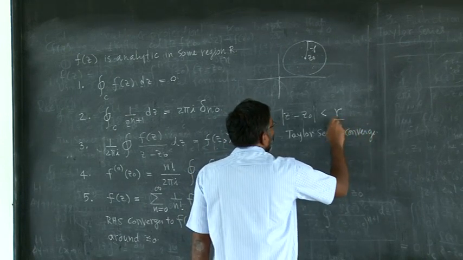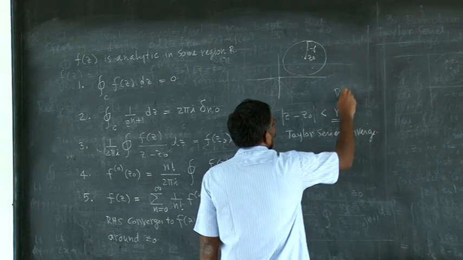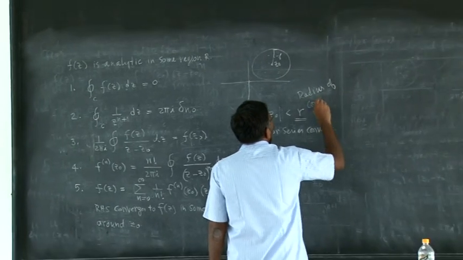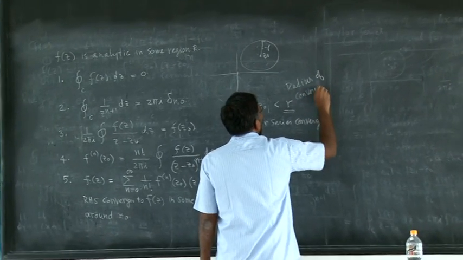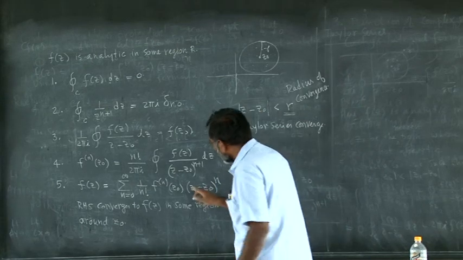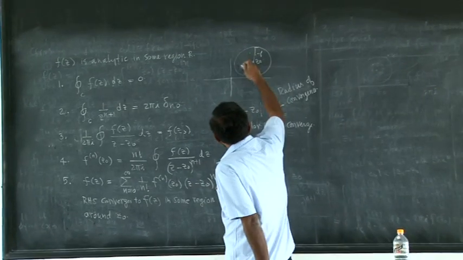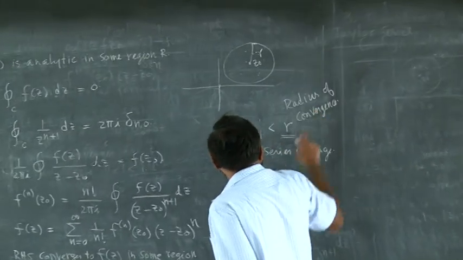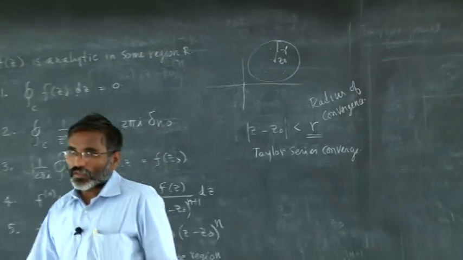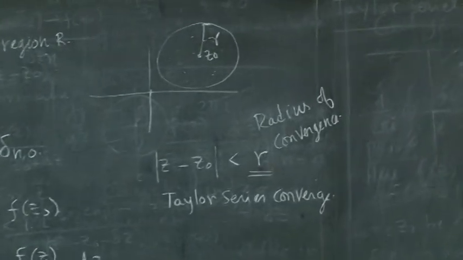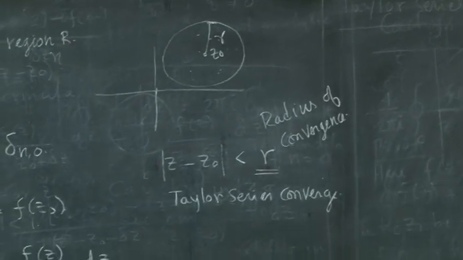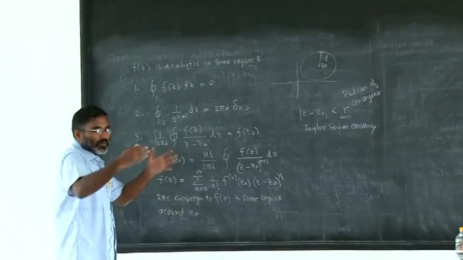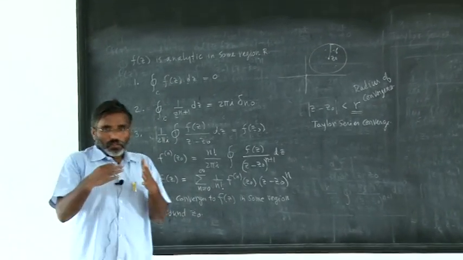So this r is called the radius of convergence. Only for those values of z which are inside this, which satisfy z minus z naught less than r, will this Taylor series converge to f of z. That is the meaning of this last point: the right hand side converges to f of z in some region around z naught. So there will be an upper bound on the radius.